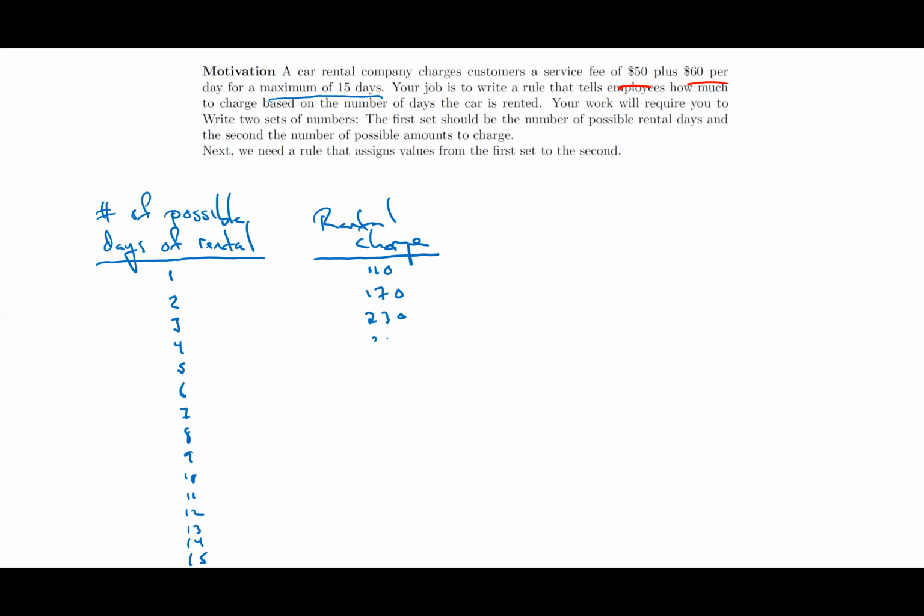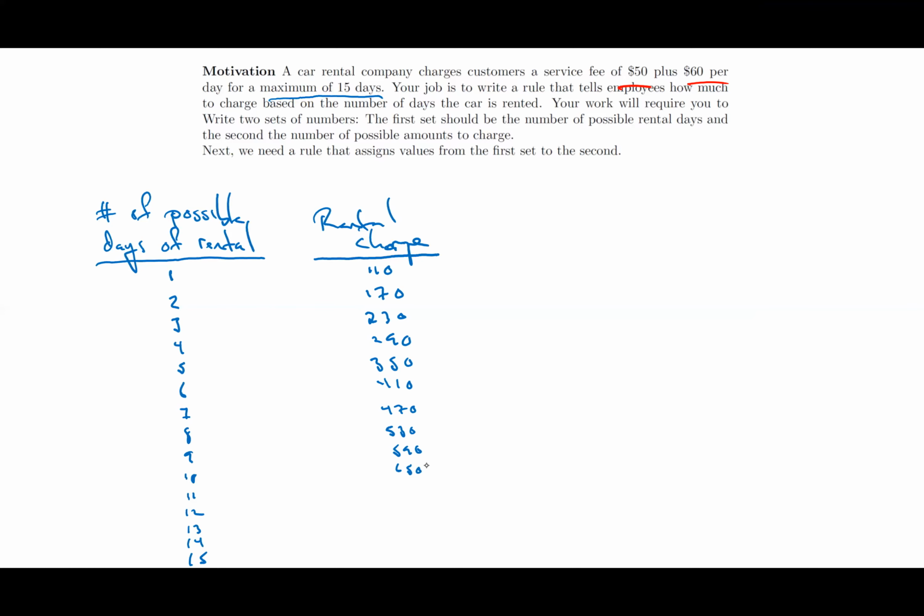And get 230, and 290, and 350, 410, 470, 530, 590, 650, 710, 770, 830, 890, or finally 950. I'm sorry those are so small, but you get the idea.